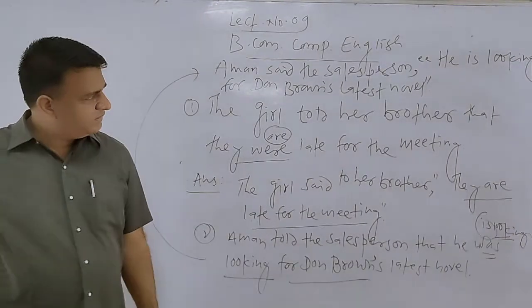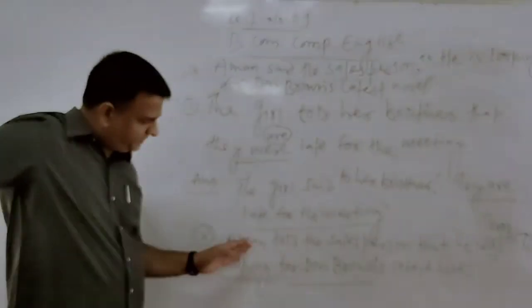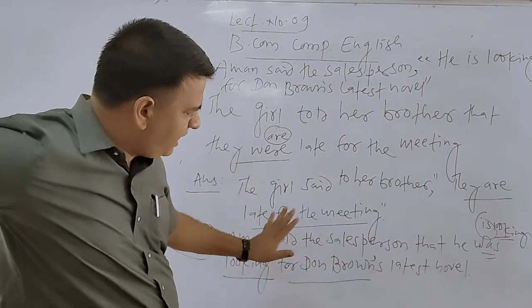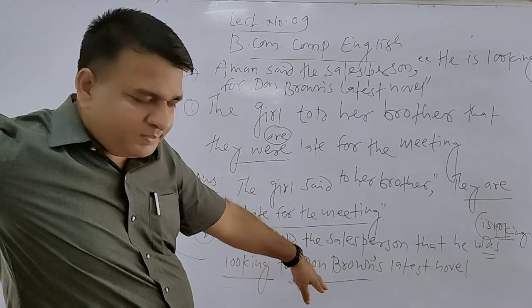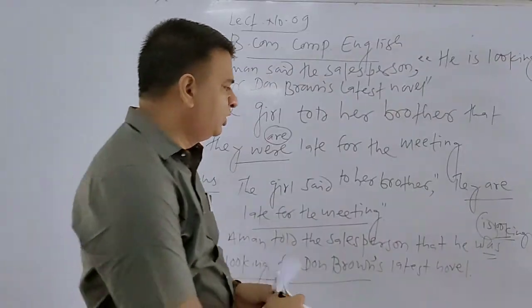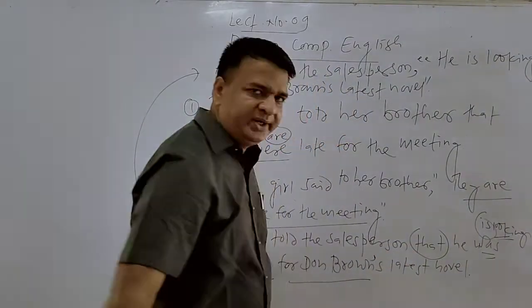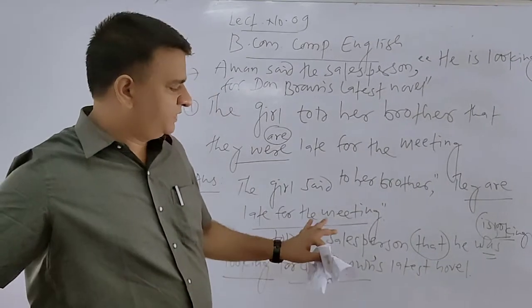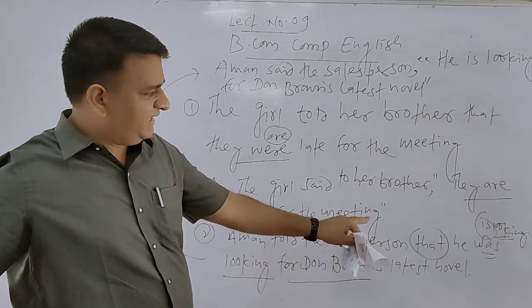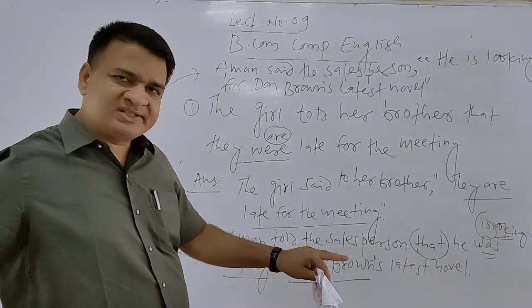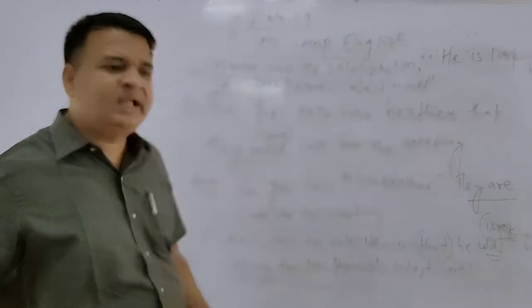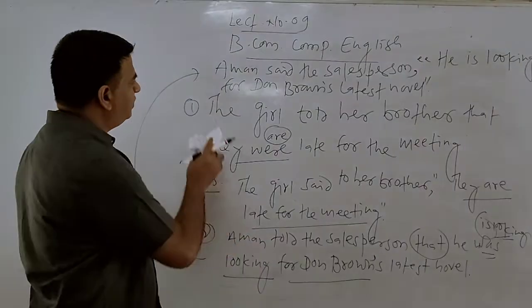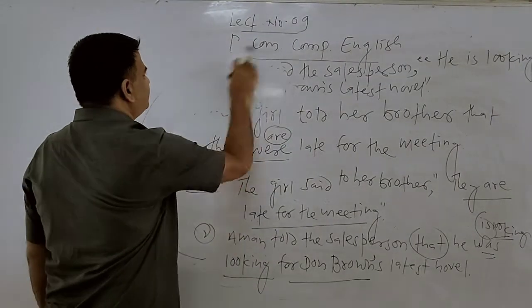Again, this is very simple. Aman told the salesperson means Aman said the salesperson. Comma, inverted comma means remove that. We have to remove that when we use comma, inverted comma. Salesperson, comma, he is looking instead of was looking for Don Brown's latest novel. This is a little bit about some examples.